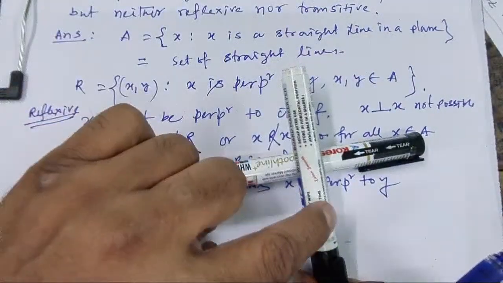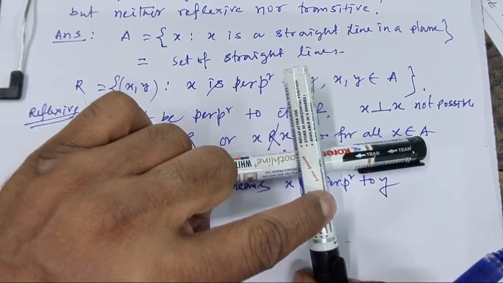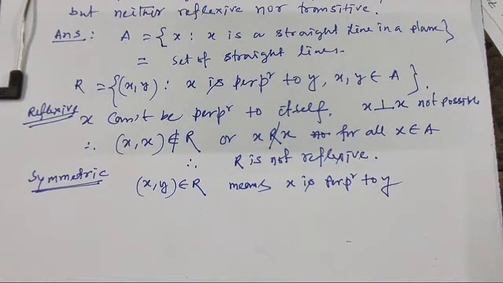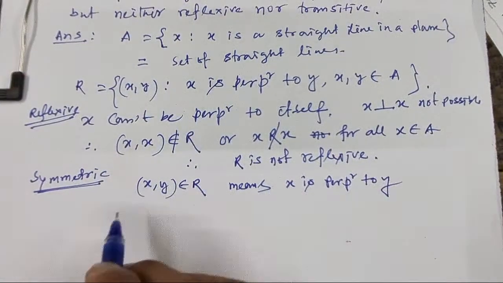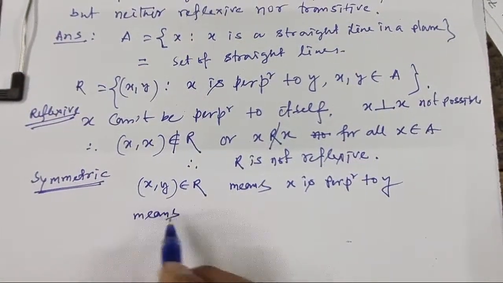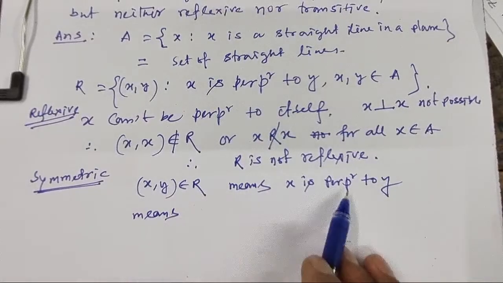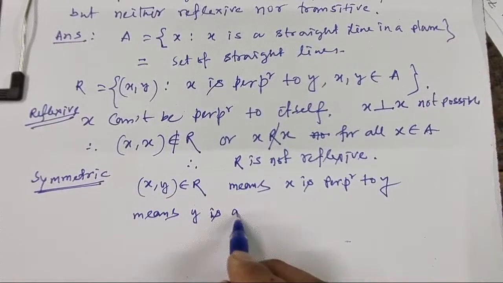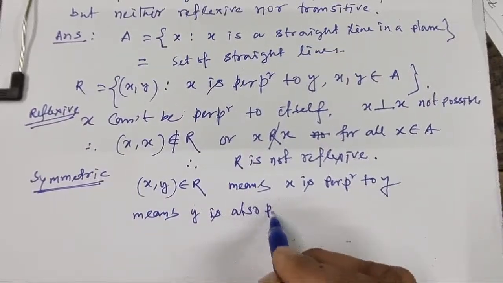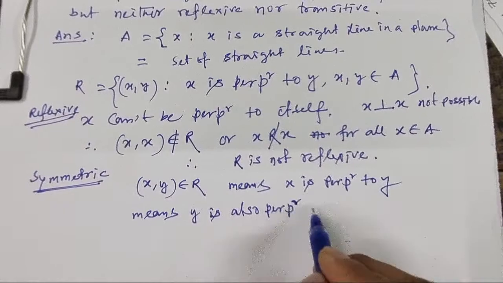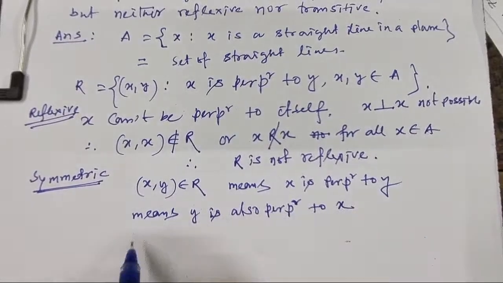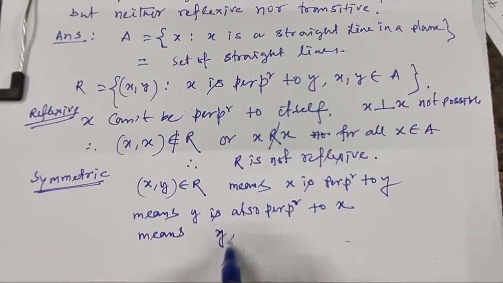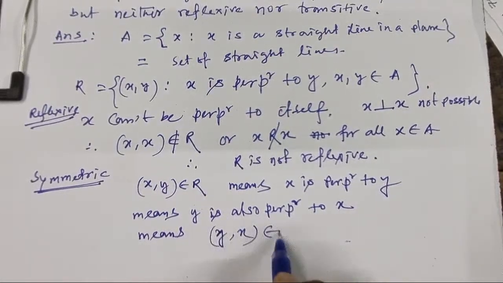Also I can write y is perpendicular to x. This is also true? Yes. So if x is perpendicular to y, that means y is also perpendicular to x, and that implies (y, x) belongs to R.